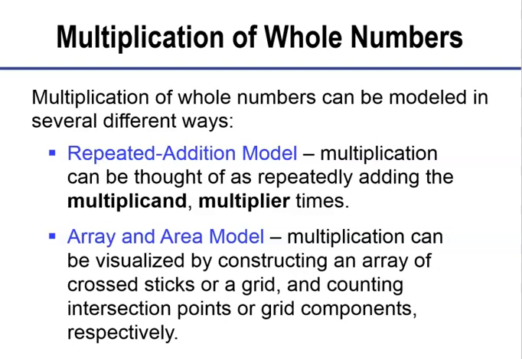Multiplication of whole numbers can be modeled in several different ways. As you can imagine, the repeated addition model is a great way to think about multiplication, because multiplication can be thought of as repeatedly adding the multiplicand multiplier times. So for instance, maybe words here that you don't recognize.